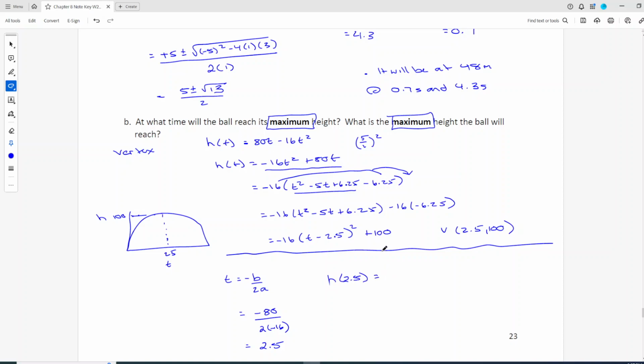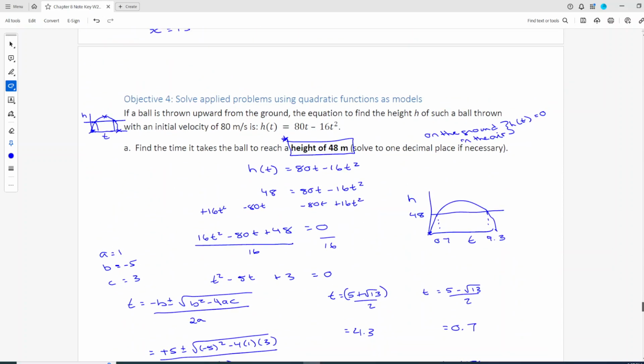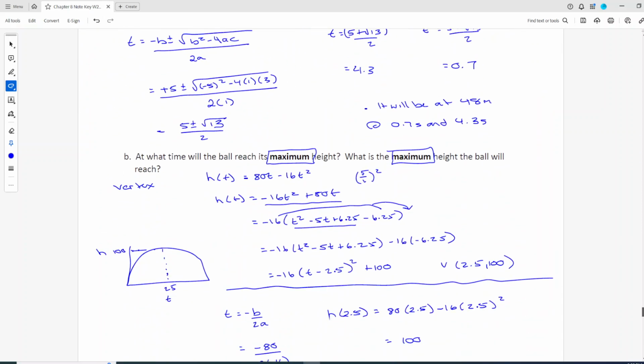Into whichever equation, let's put it into the original. So 80 times 2.5 minus 16 times 2.5 squared. And again, this is just a reminder of 8.6 because it feels like forever ago, and the fact that you could have the same equation and do two different things with it. You could use it as an application of the quadratic formula, or you could use it as an application of the vertex.